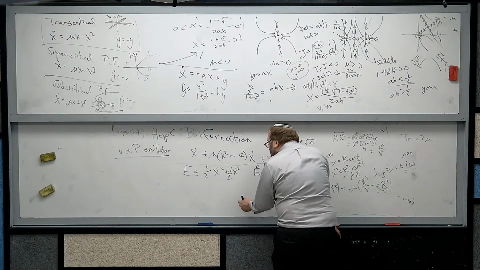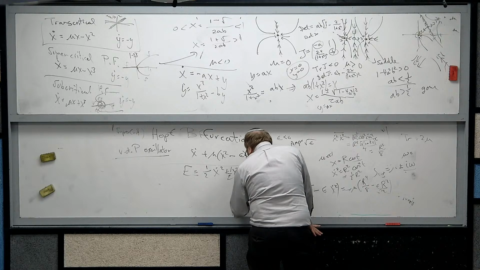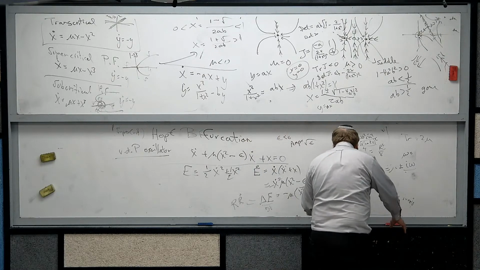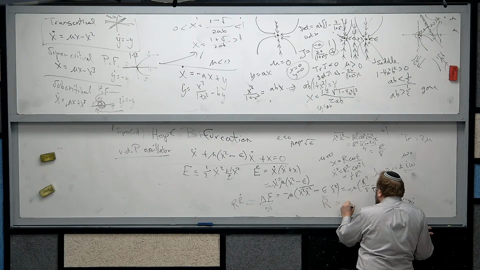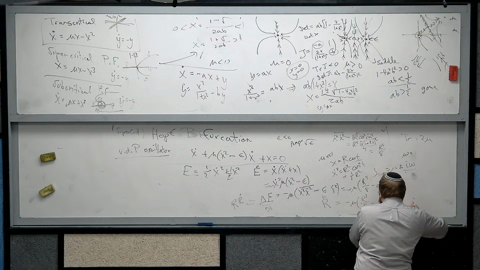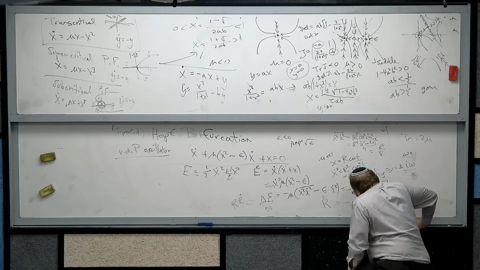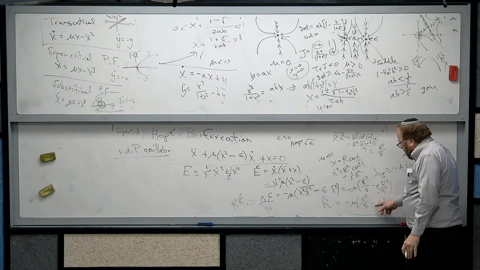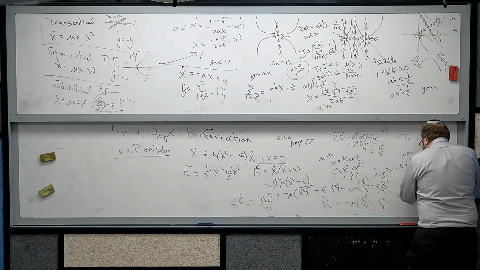and therefore this was d dt, which is therefore r dot, and we got this equation for r dot, which was r dot is minus mu r cubed over 8 minus epsilon r over 2. Right? And therefore, now we see what r equilibrium is, what r of the limit cycle is.